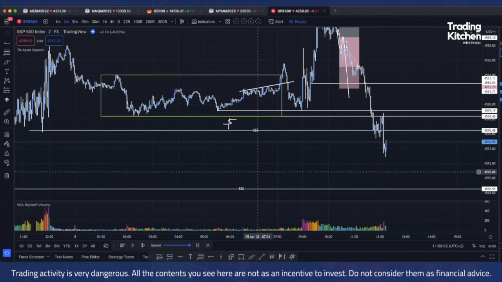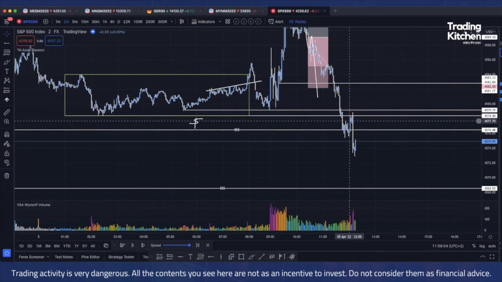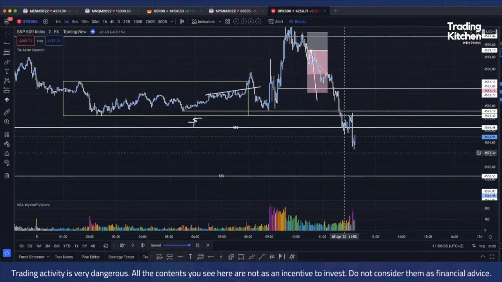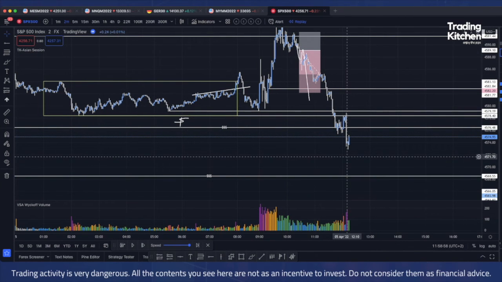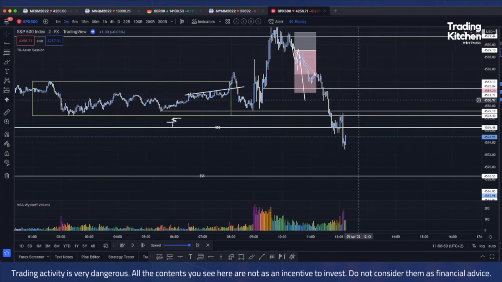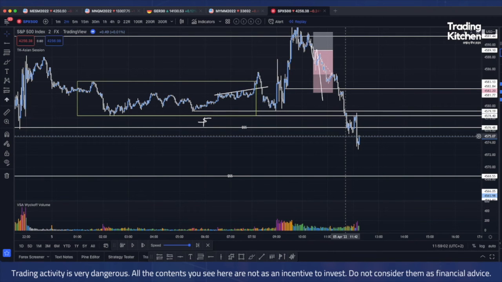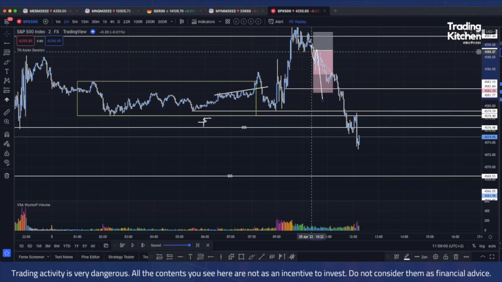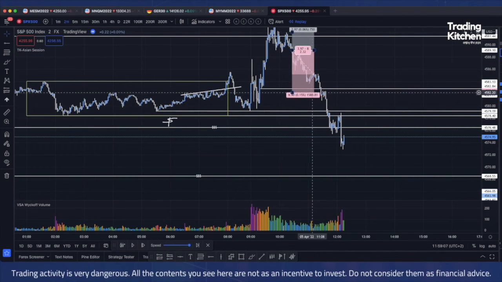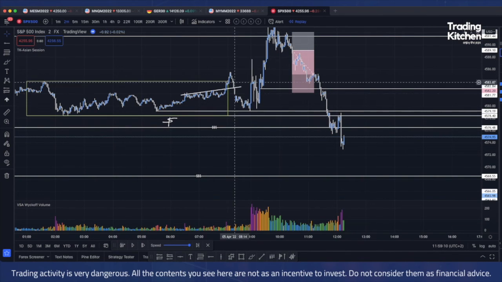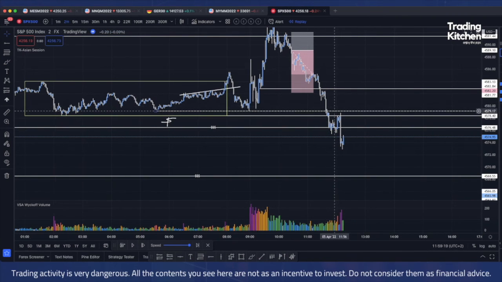So for today we are going to be short from where? From the dominance by which the last impulse is going to be created. So this one, but it is already filled, and so the second one will be this one.